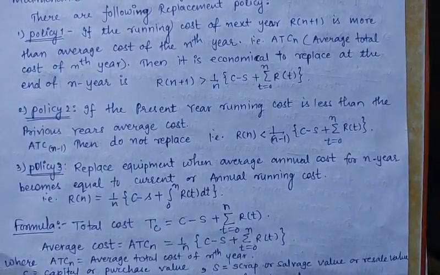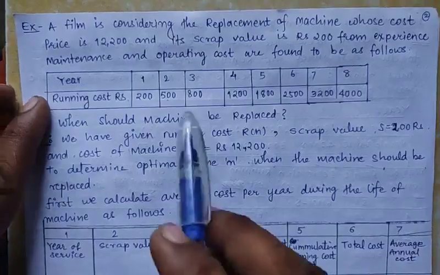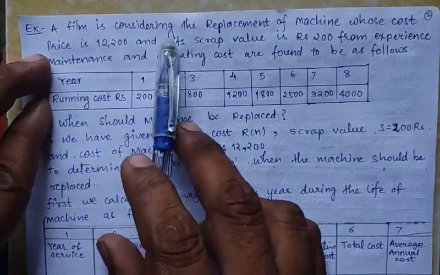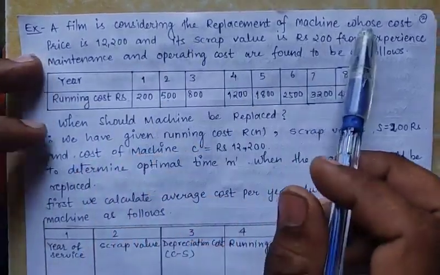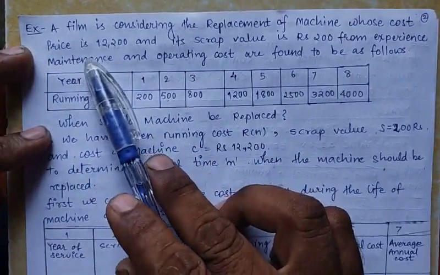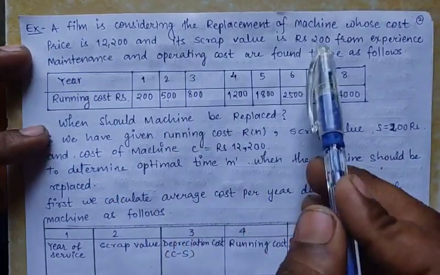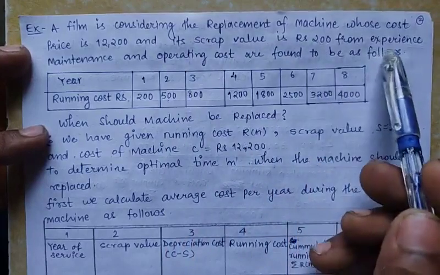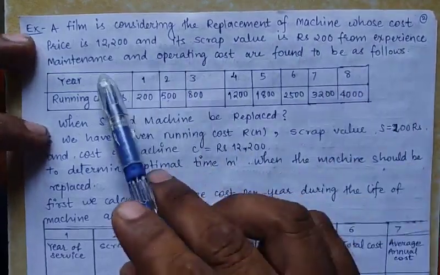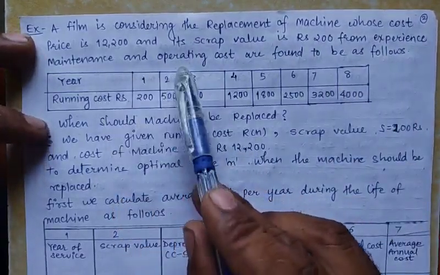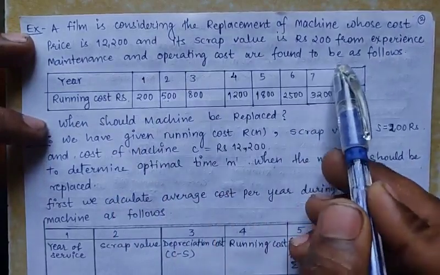Now see the example. A firm is considering the replacement of a machine whose cost price is 12,200 rupees and its scrap value is 200 rupees. From experience, maintenance and operating costs are found to be as follows.